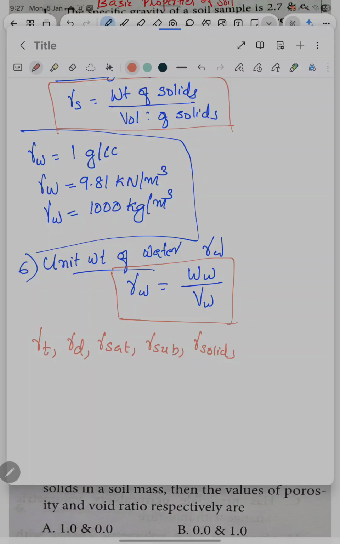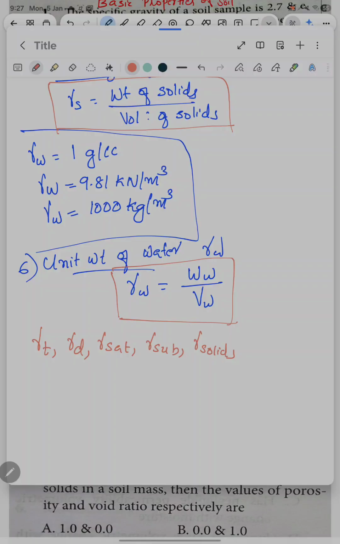There is one more thing from this topic. We studied these 5 unit weights: bulk unit weight, dry unit weight, saturated unit weight, submerged unit weight, and unit weight of solids. Out of that, we have to write which one has the highest value, in increasing or decreasing order. This is very important. This is a previous year question.